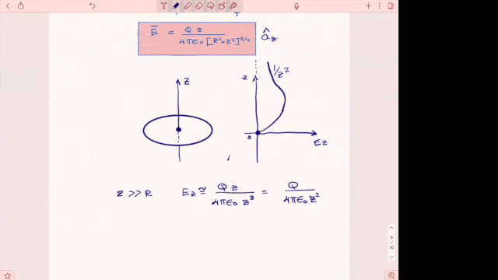And when does this happen? When I move so far away from the circle that all of the charge seems like one point charge. So let's assume that I have a circle here. This is the circle, and all of this circle is a charge.